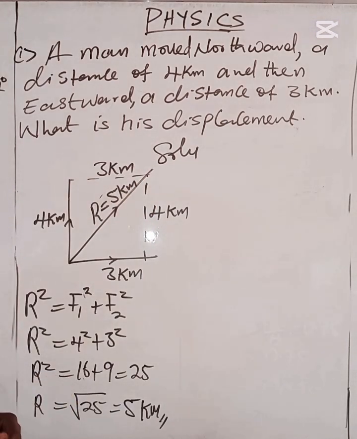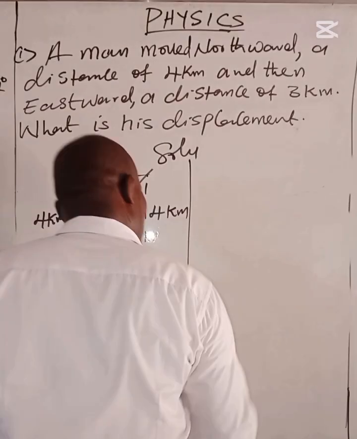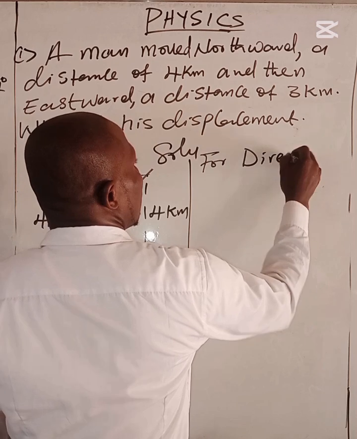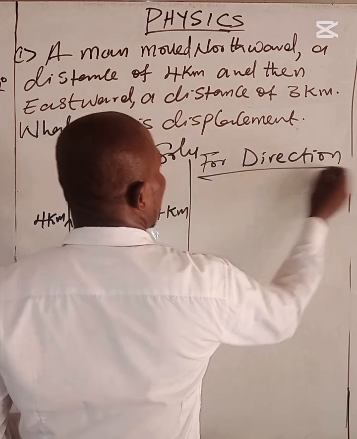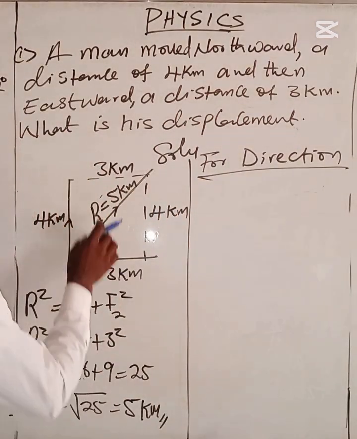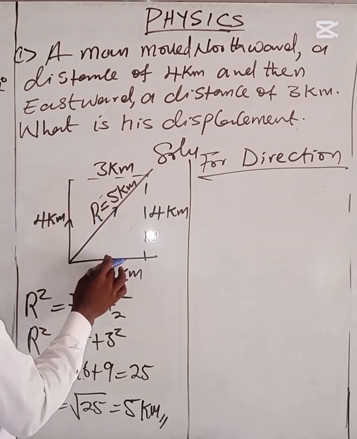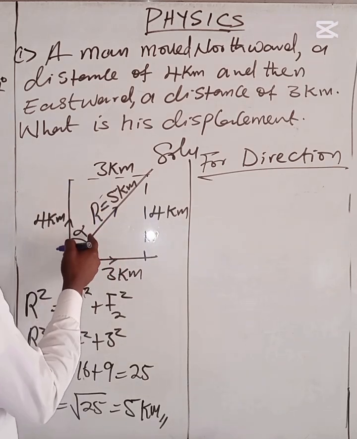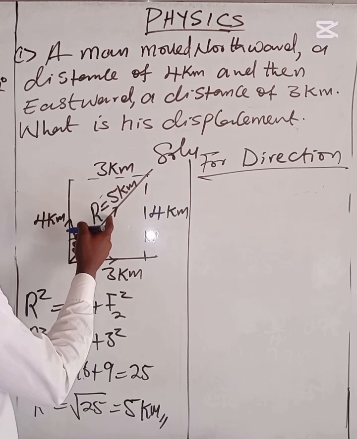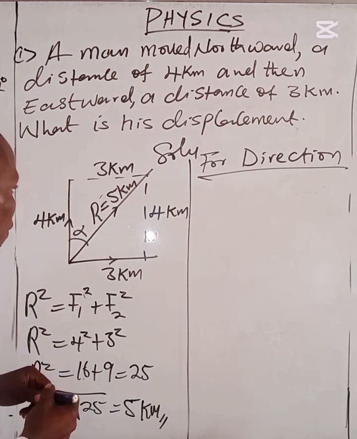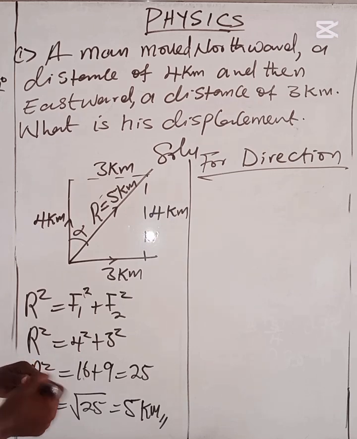So having gotten the resultant, we need to find direction. So for direction, we are looking for the direction of the resultant with the north. Since the resultant is between north and east, we can call the angle between north and the resultant alpha. All right, so we invoke our SOHCAHTOA.